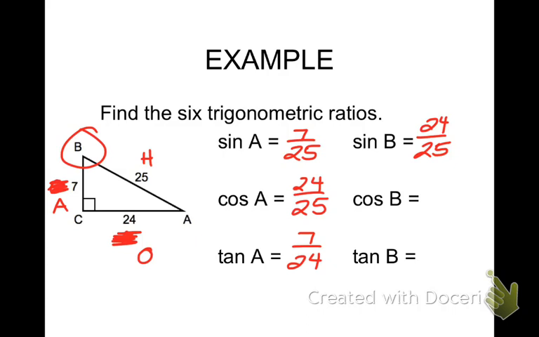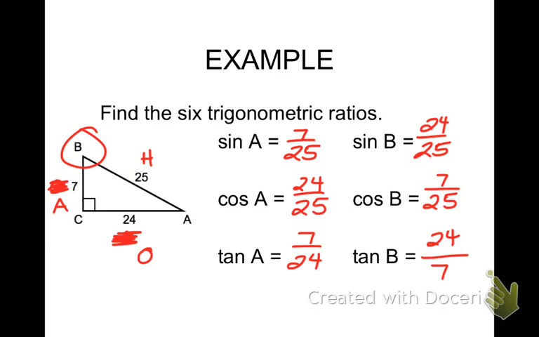Cosine would be adjacent, so 7 over hypotenuse. Tangent would be opposite, 24 over adjacent, which is 7. So notice the cosine of A, when you change the reference angle, is the sine of B. And vice versa, the sine of A is your cosine of B. And what happens to your tangents? They're just reciprocals of each other, right?